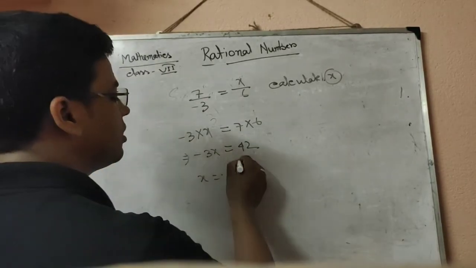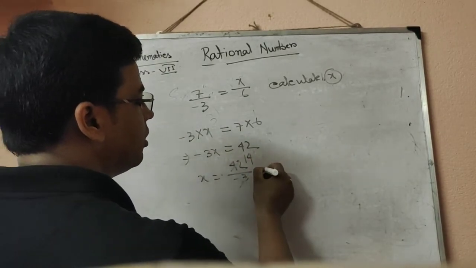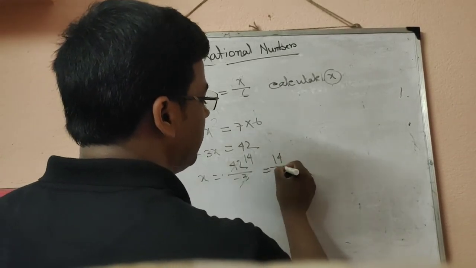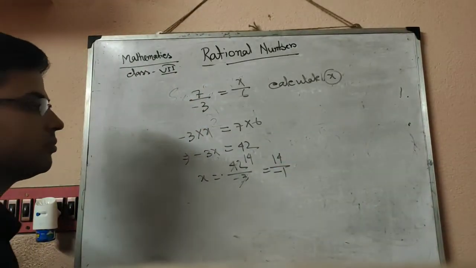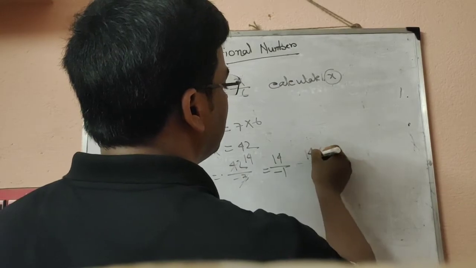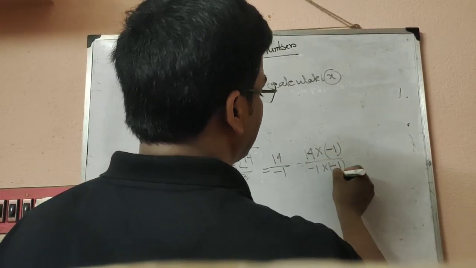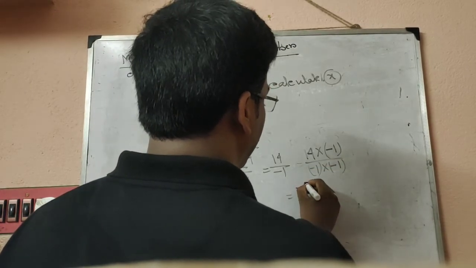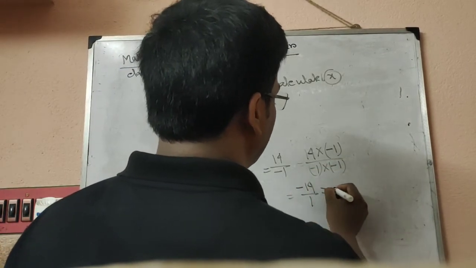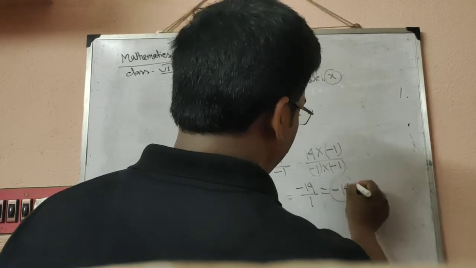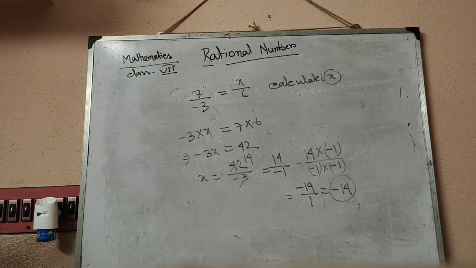That means 14 divided by minus 1, so minus 14 by 1 equals minus 14. Clear?